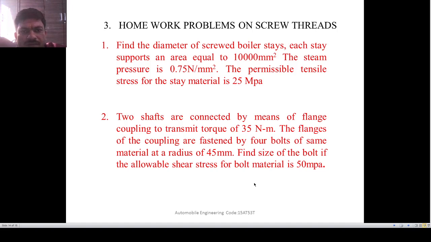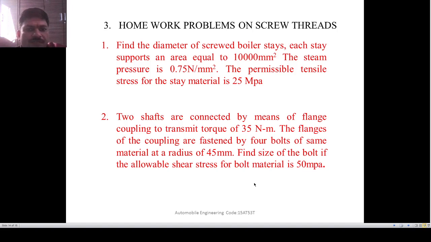You can solve here. The clue for this problem: it is the same as the problem we have solved in this session. Instead of calculating the area, he has directly given the area, and the steam pressure is given. From that you will find out the force or gas load acting on the screwed boiler stay. The remaining things are the same.